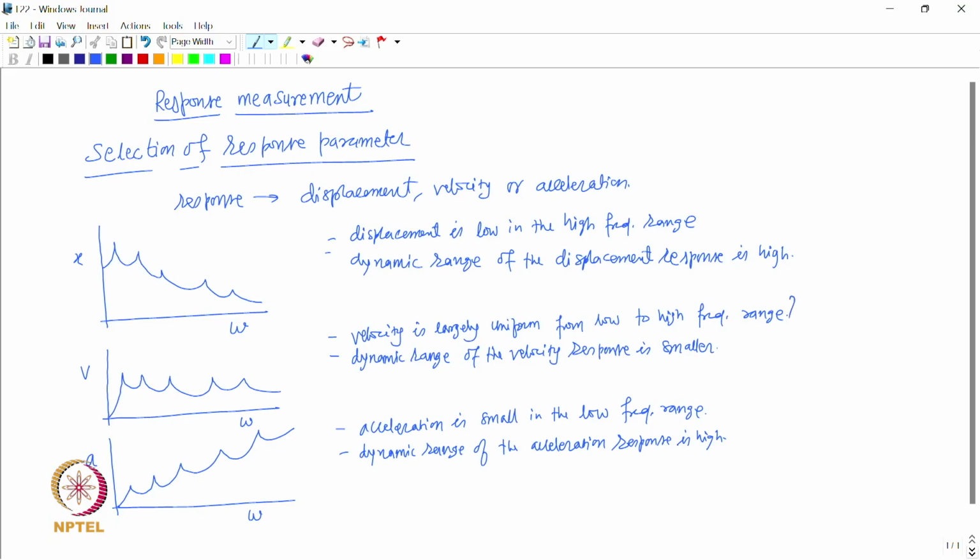So, we say that velocity is the preferred parameter of response, right, based on signal to noise ratio and dynamic range requirements, correct.